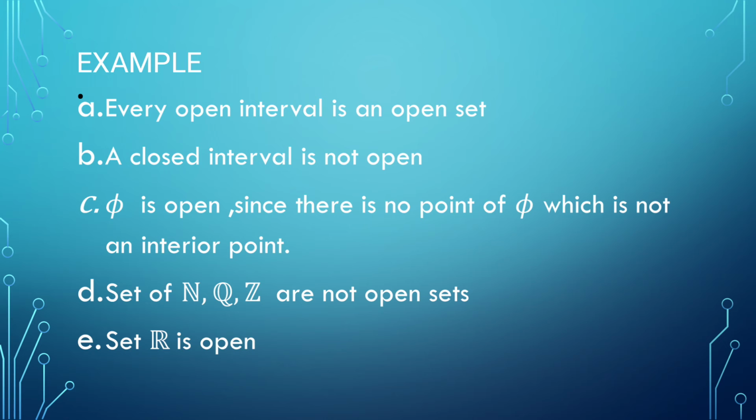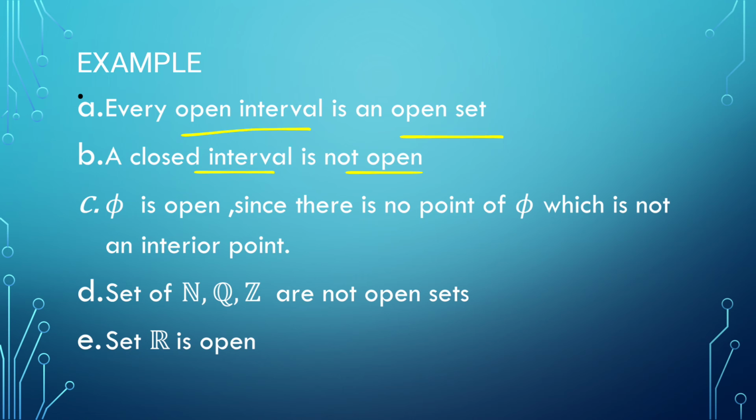Okay, let's look at some examples. Every open interval is an open set, like in our previous case. A closed interval is trivially not open. It is closed. That means not every point in the interval is an interior point, as in the case of the previous example, so it's not open.